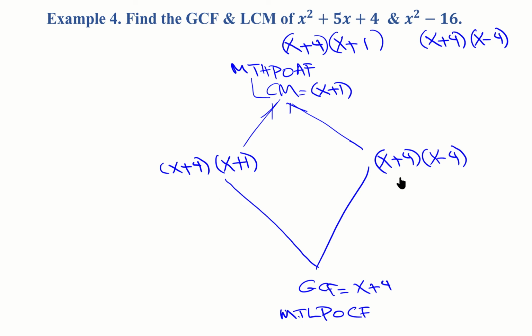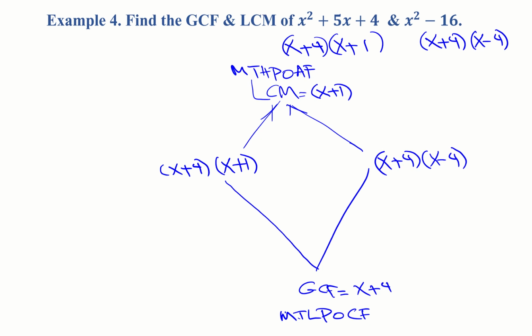Now, the highest power of x plus 4 in either factorization is just x plus 4 to the 1 or just x plus 4 itself. So we bring x plus 4. And then we also need x minus 4. There we have it. Now we have just found the LCM.